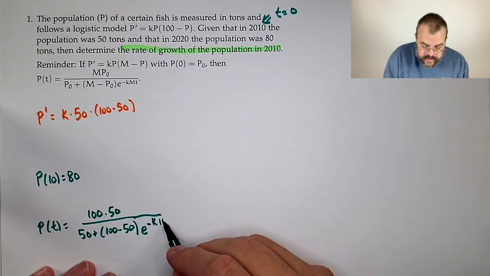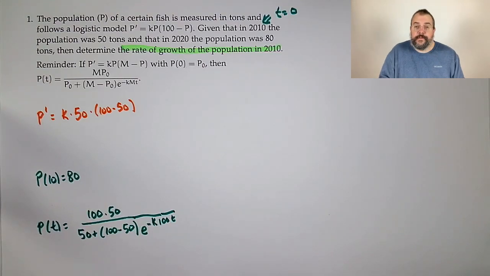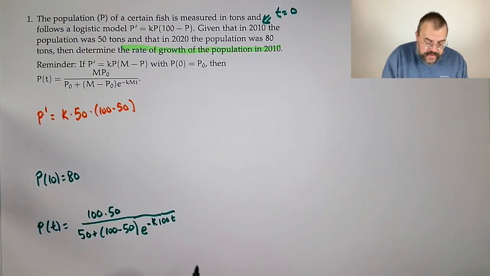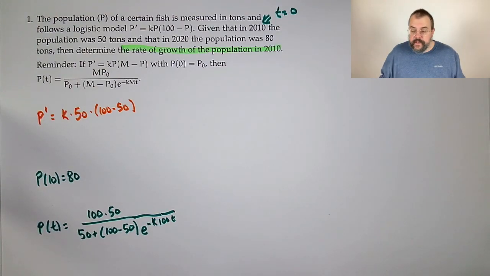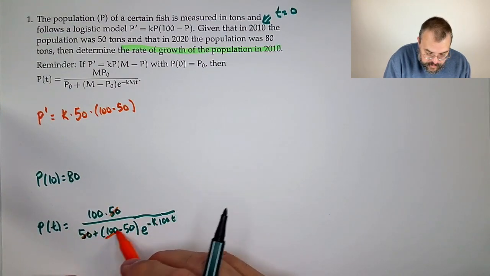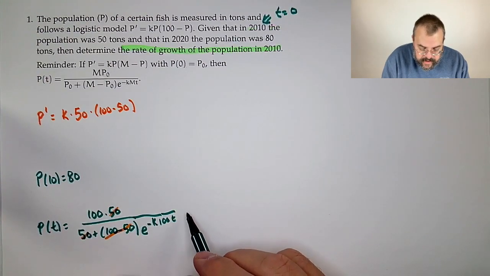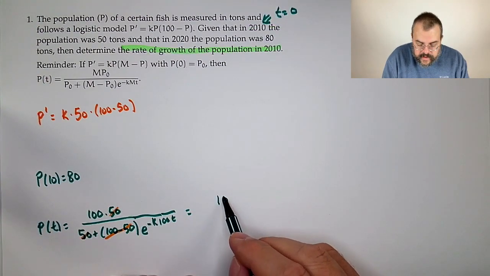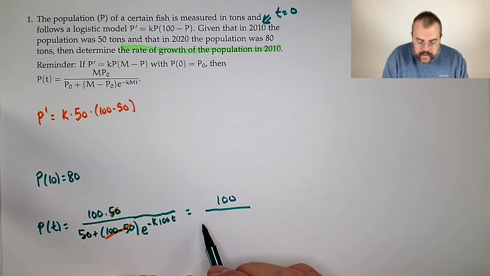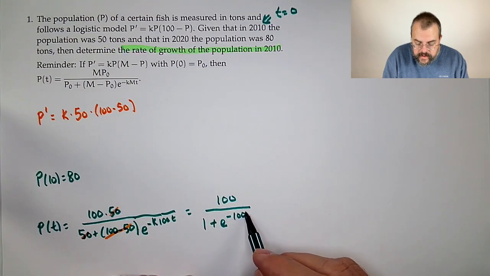That hasn't changed. And t. And of course, we can clean this up a little bit. For example, that's 50, 50, 50. Since all those are 50, we can cancel. So this is the same as 100 divided by 1 plus e to the minus 100kt.